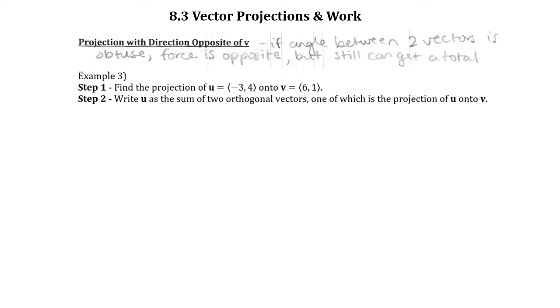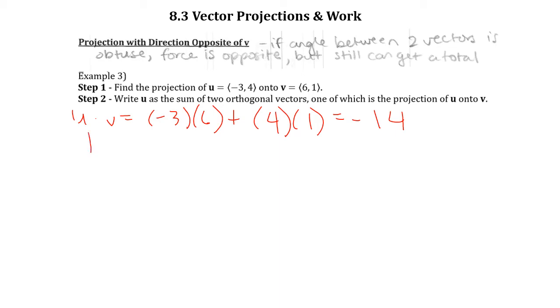This is the one where the numbers are not nice. So you've got u dot v equals -3 times 6 plus 4 times 1, and that equals -14. Then you've got the magnitude of v equals the square root of 6 squared plus 1 squared, so that's the square root of 37.